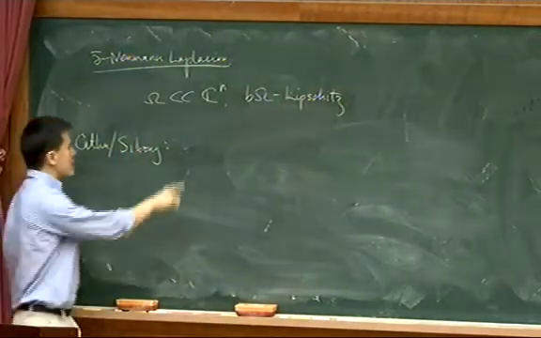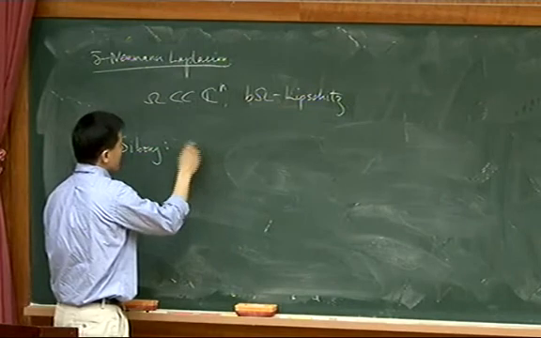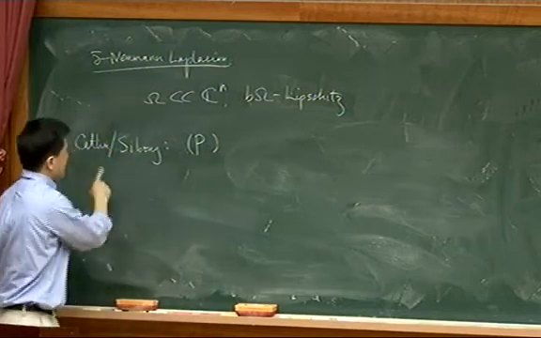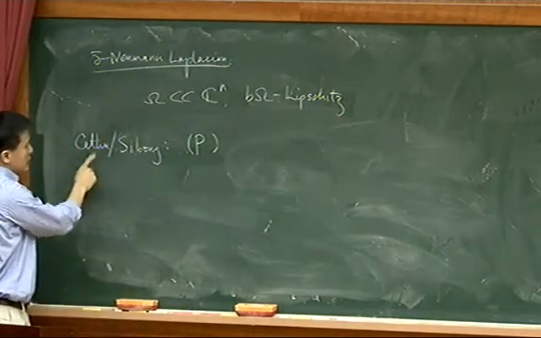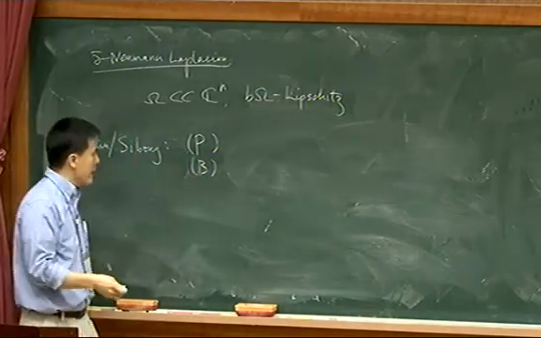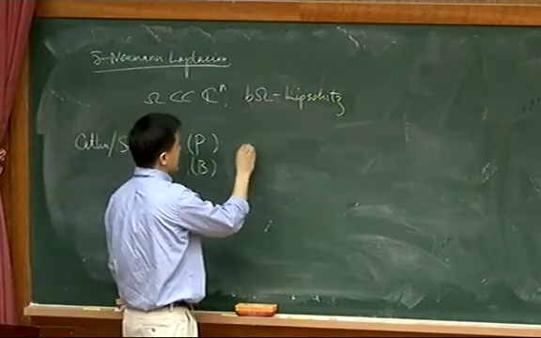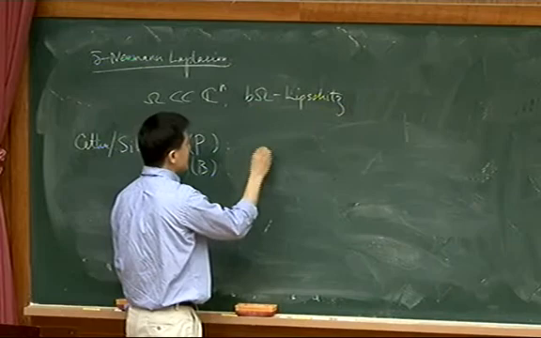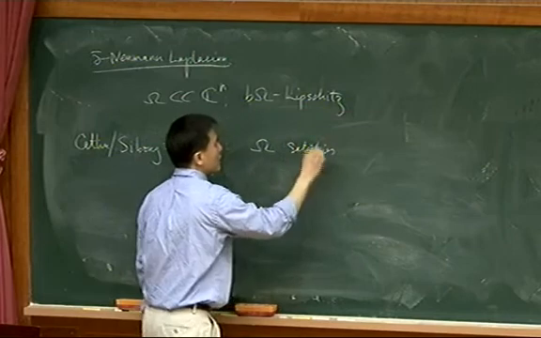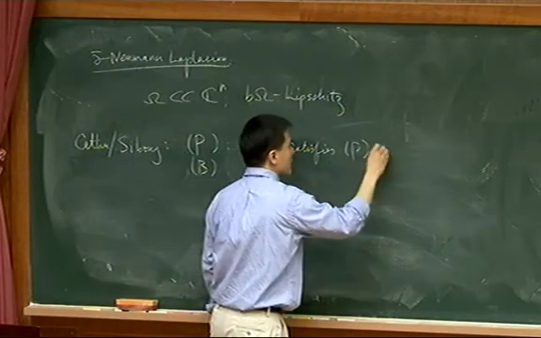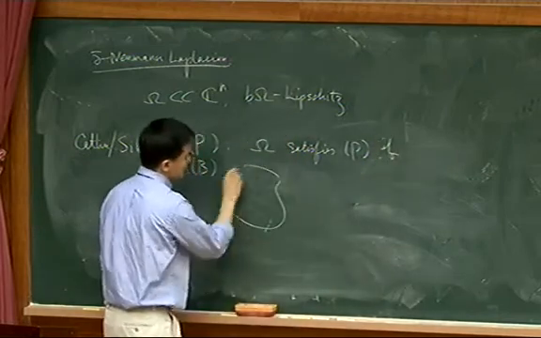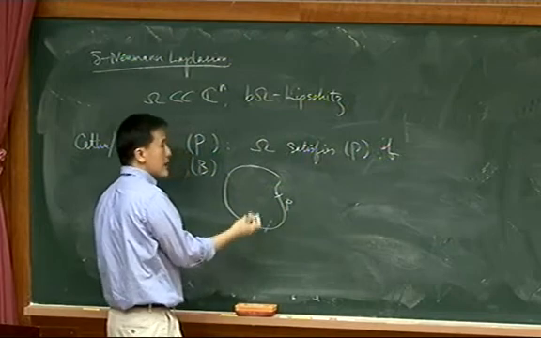They introduce a property P in the terminology of Catlin, or B-regular in the terminology of Sibony. They are the same. Now a domain satisfies property P if every boundary point is a subharmonic peak point.